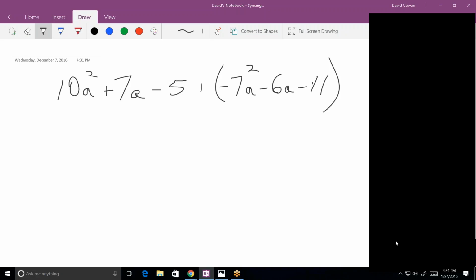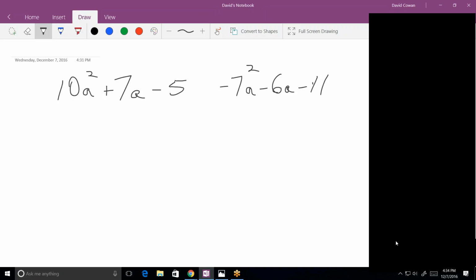As long as that's a plus sign, I can remove the parentheses and the plus sign and everything's copacetic. It only becomes a problem if this is a minus sign, and then that negative sign has to be distributed to every term. Well, since this is a plus, I can erase that, and erase the plus sign.